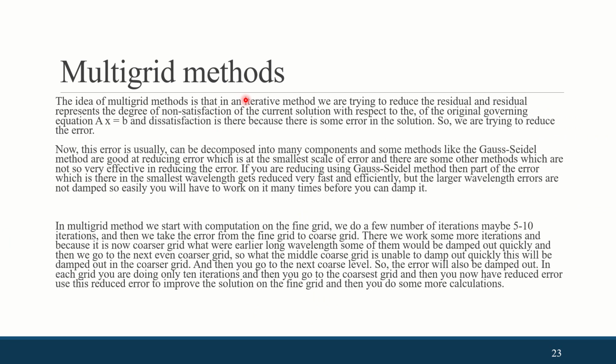The idea of multigrid methods is that in an iterative method, we are trying to reduce the residual. The residual represents the degree of non-satisfaction of the current solution with respect to the original governing equations, in Ax = b format, and the dissatisfaction is there because of some error in the solution.